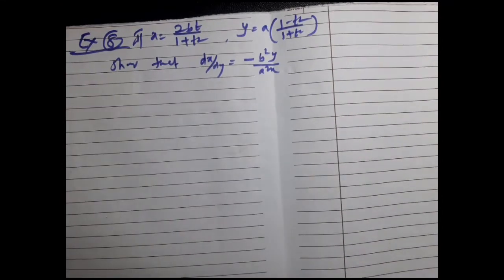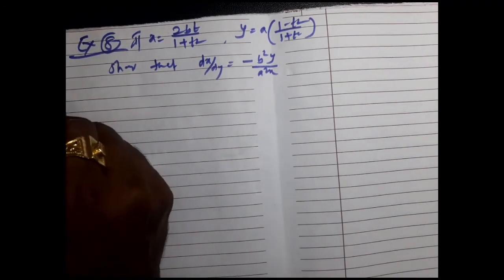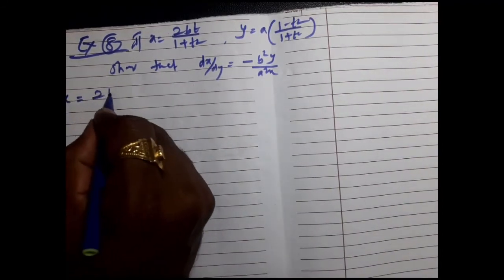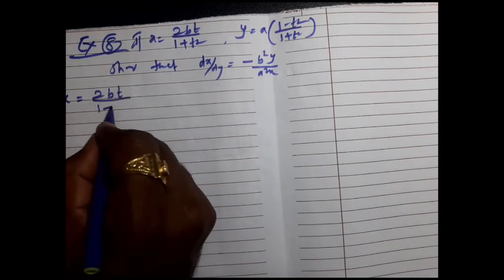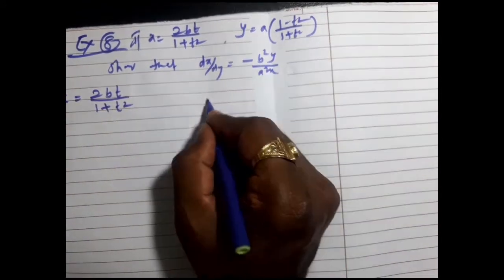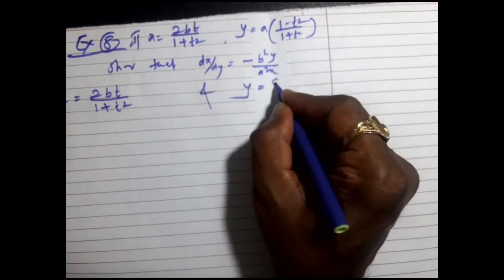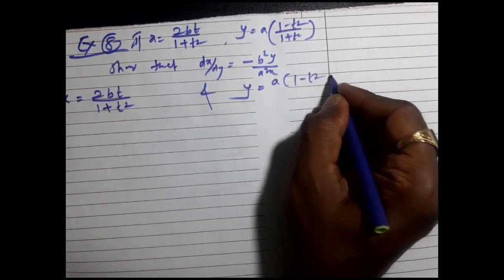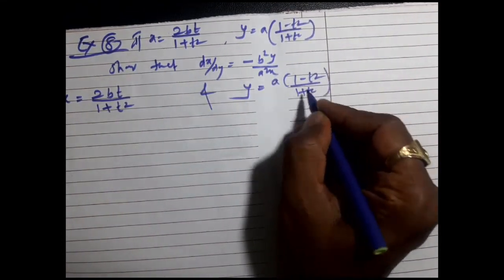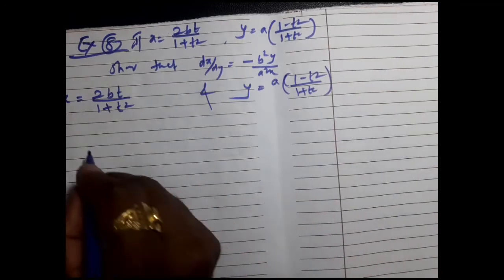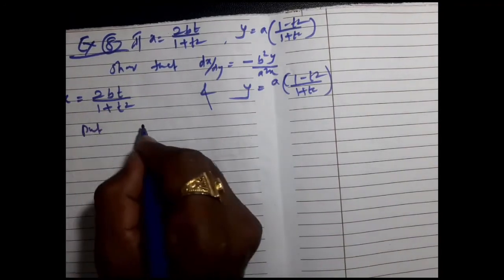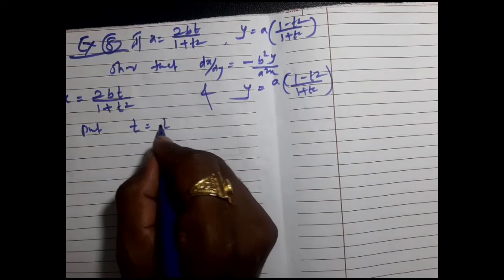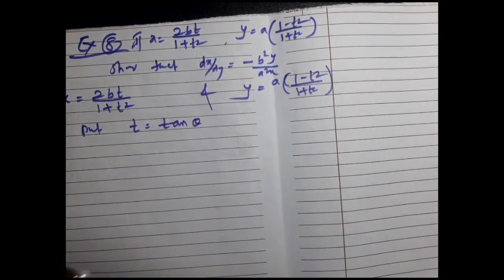Next, example number 8. Given that x is equal to 2bt upon 1 plus t square, and y is equal to a into 1 minus t square upon 1 plus t square. Now I will reduce it by putting t is equal to tan theta.